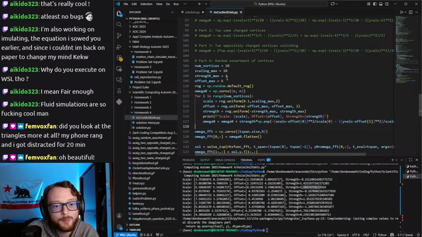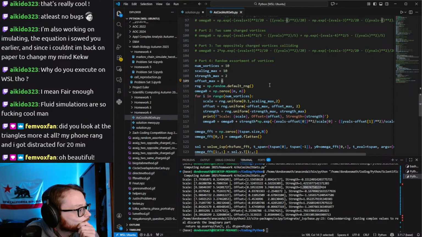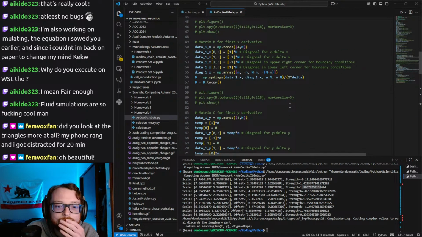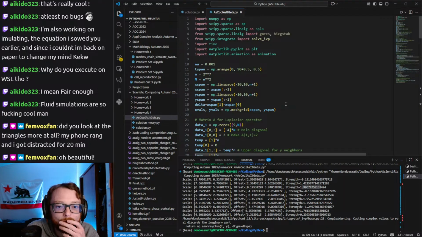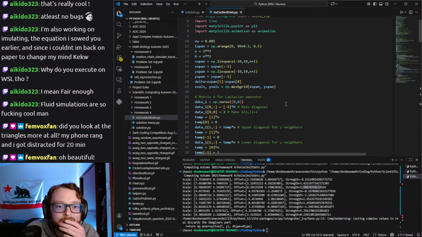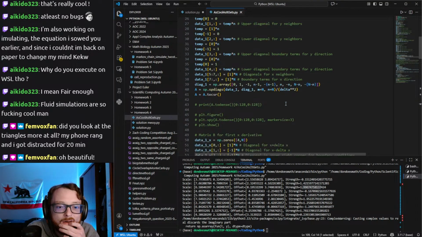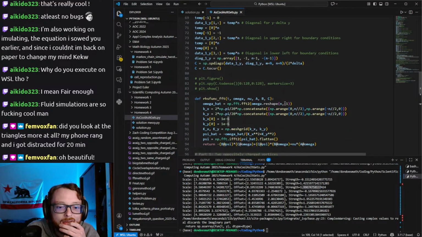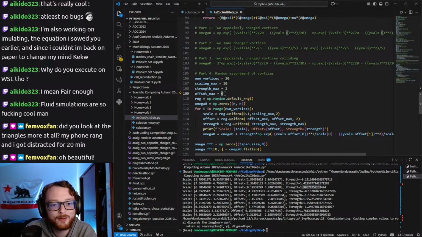Should I make the offset bigger? Hmm. What is my domain? It's kind of hard to... Let's make the offset bigger. Let's just see what happens. Just make it 10.